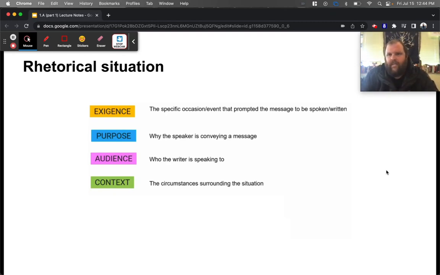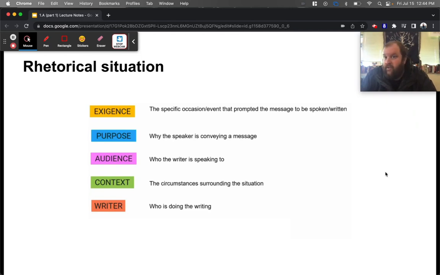So the date when Roe v. Wade is overturned, and it's when and what's happening, right? The surrounding kind of details. The writer who's doing the writing, right? Pretty straightforward. Sometimes you get some interesting conversations there, different levels of authorship and things like that.